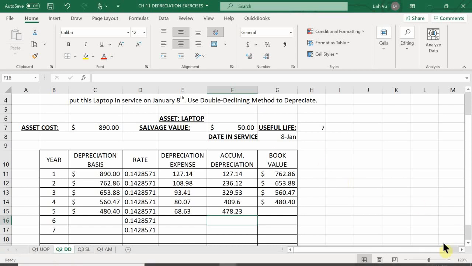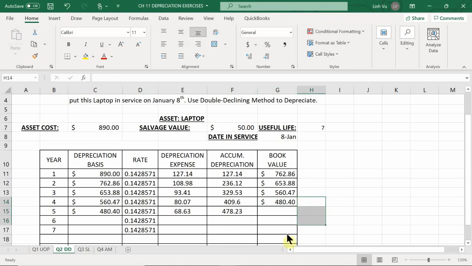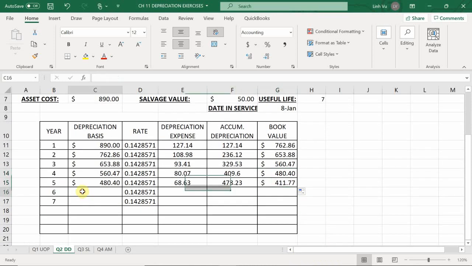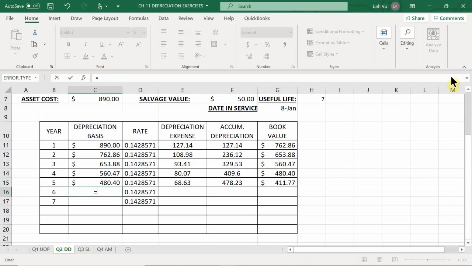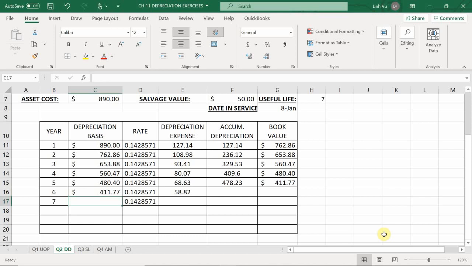Okay, which brings my book value down to $411.77. Okay. So year 6 is going to roll around for $411.77, which in this case, it already picked up for me. That's going to be $58.82.